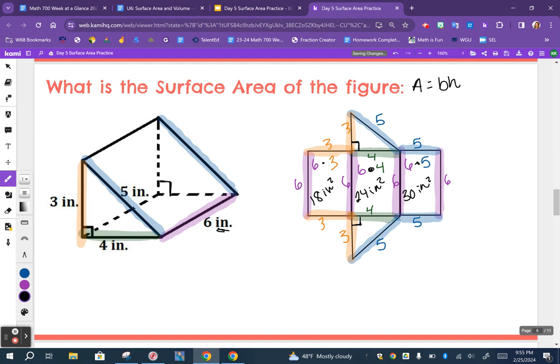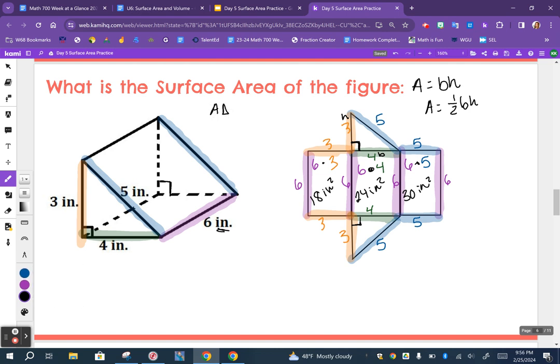So now that we have two triangles, we need to make sure that we are using the formula area equals 1/2 times the base times the height. Now remember, the base and the height are the side lengths that are making the right angle. So if this is our right angle here in the triangle, that means that our base is 4 and our height is 3. So I'm going to write this one to the side.